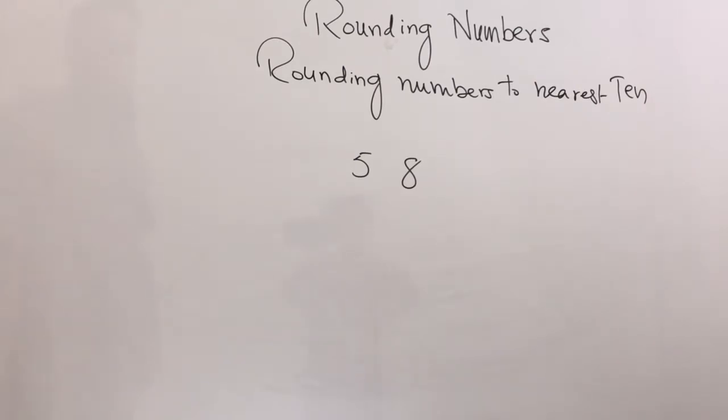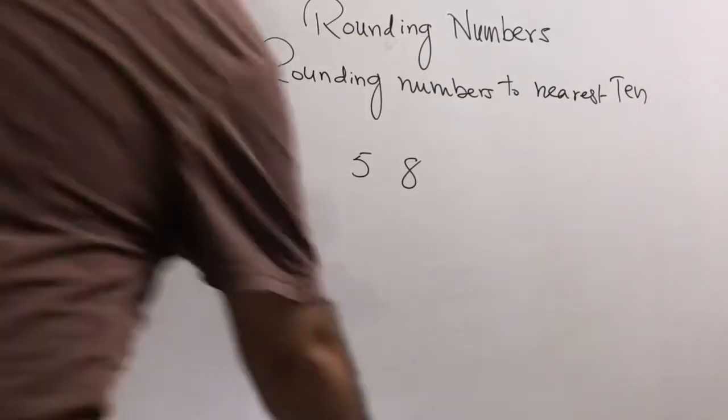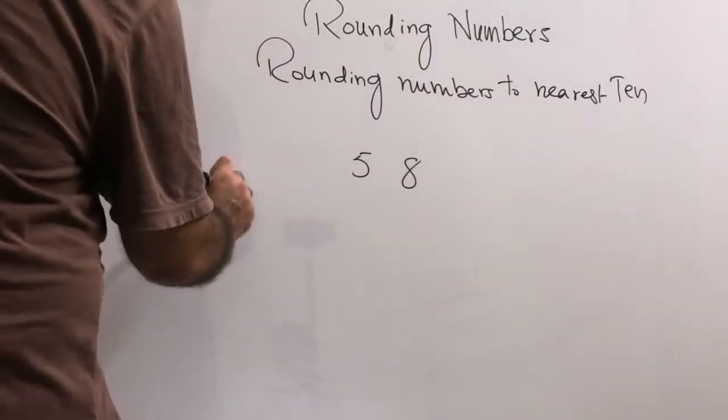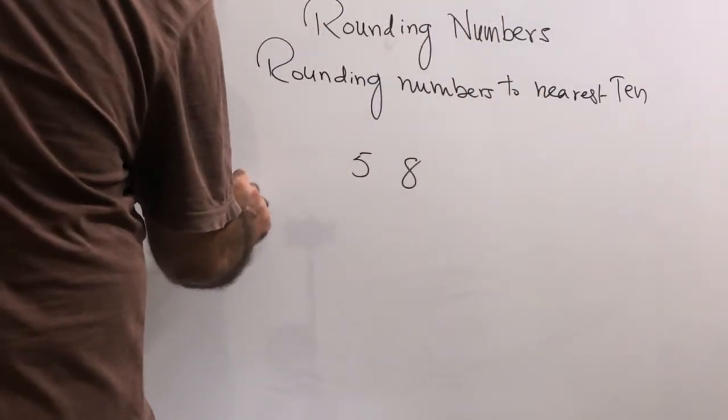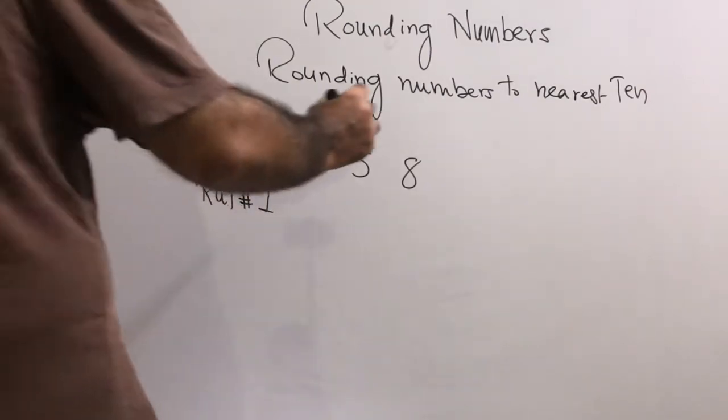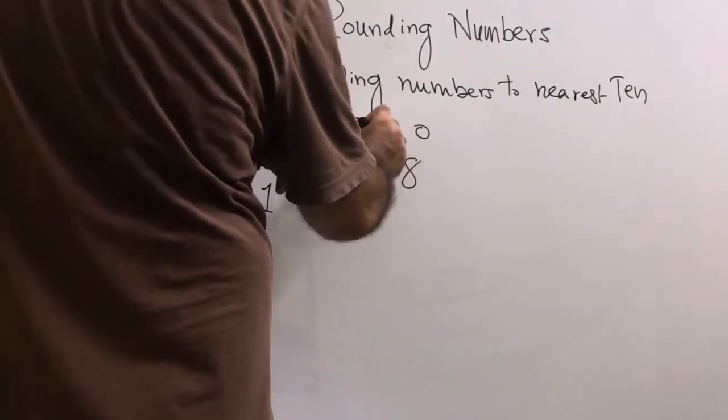Okay, so how to do is we have two rules. Rule number 1 is that this is ones, this is tens.